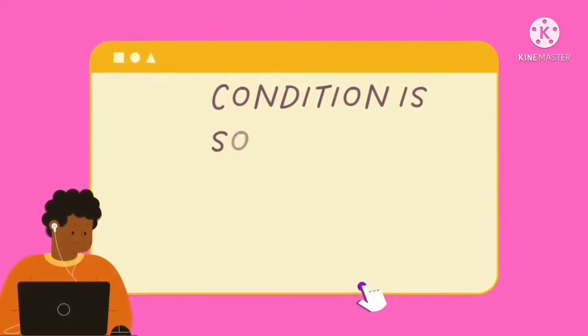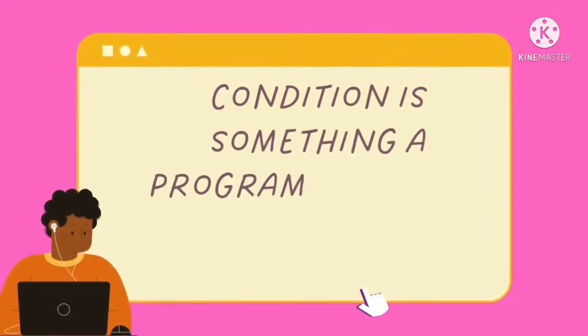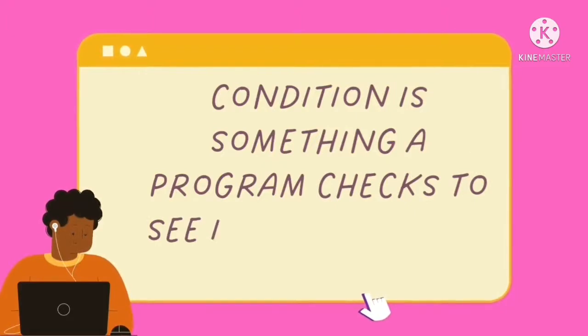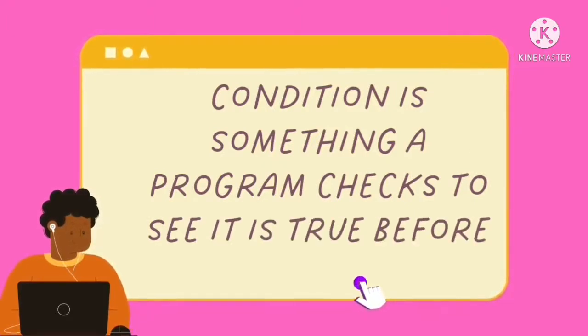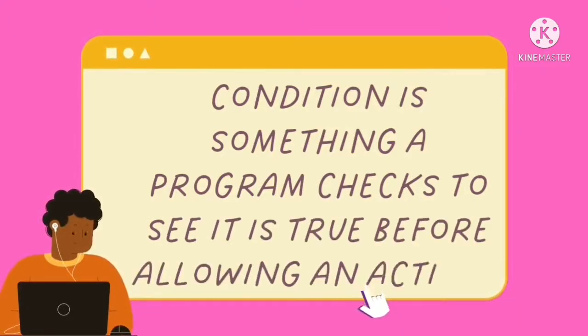Can you say that with me? Condition is something a program checks to see if it is true before allowing an action. So conditions are statements that a program checks to see if it is true or false. If true, an action is taken. Otherwise, the action is ignored.